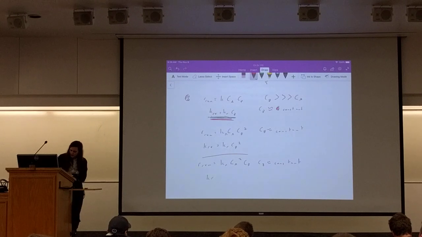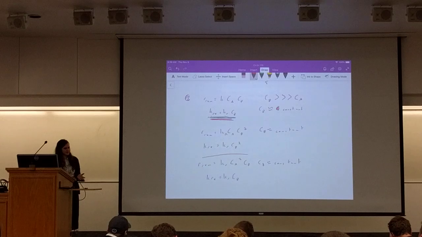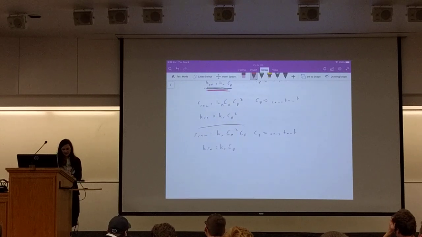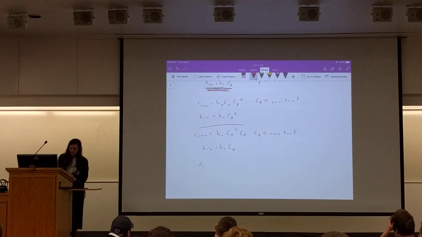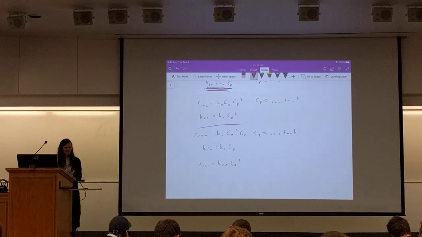Then what's KR star? KR CB, because CB is the one that's constant. And then the rate of reaction would just be KR star CA squared. Like that. Okay.